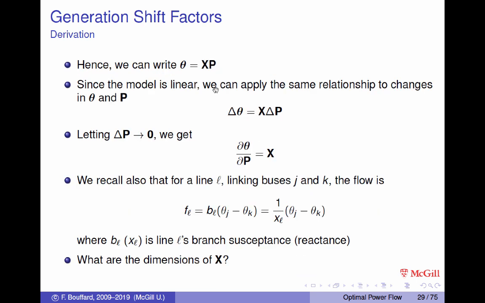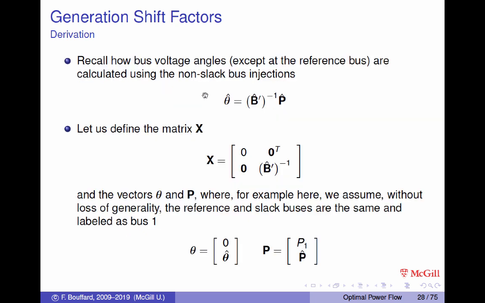So you can see here that I can write theta, the full theta, including the reference node, as the matrix X times the vector P. That was defined over here.